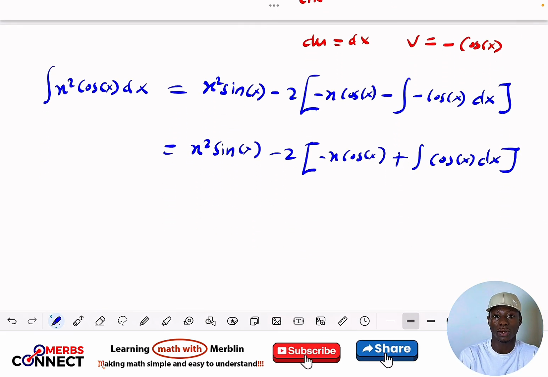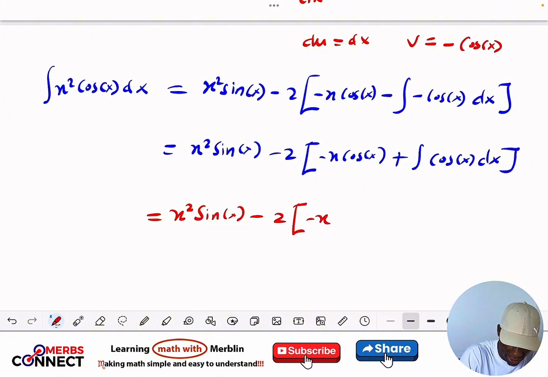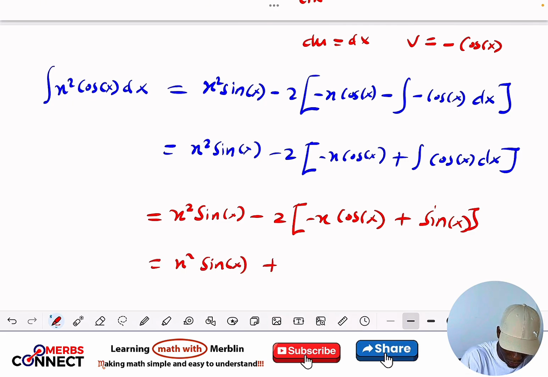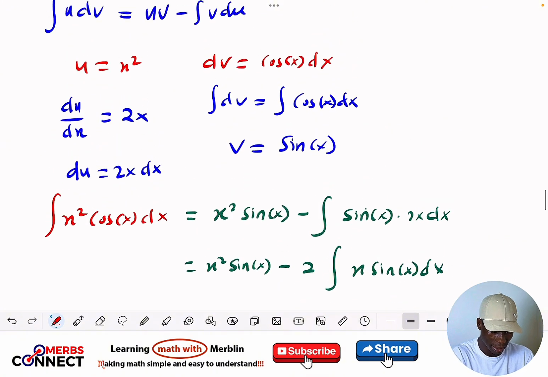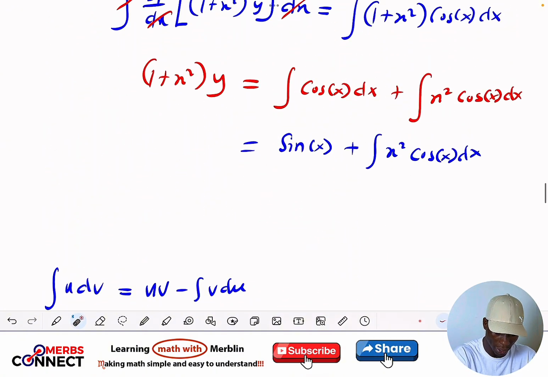When I integrate cos x, I'm going to get sine x. So finally, x squared sine x plus 2x cos x minus 2 sine x. So this is for this aspect here.